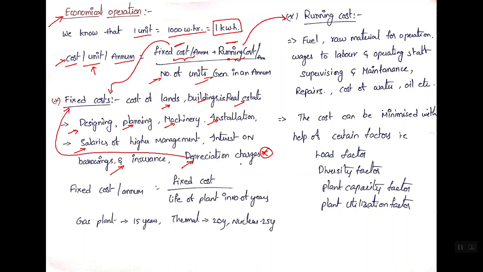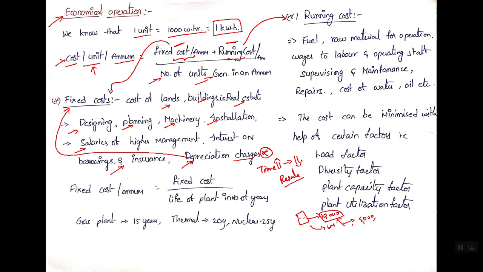Here, what are these depreciation charges? As time increases, the cost of the system will decrease. For example, resale value decreases. For example, if you buy a mobile for 10,000 rupees, after 6 months, if you want to sell this mobile, we can sell it for only 5,000 or 4,000 rupees.